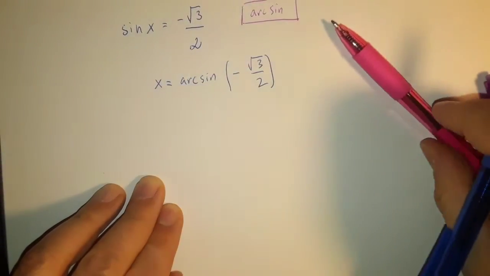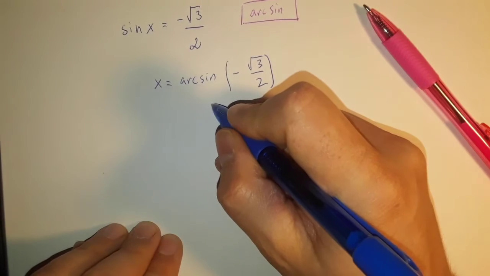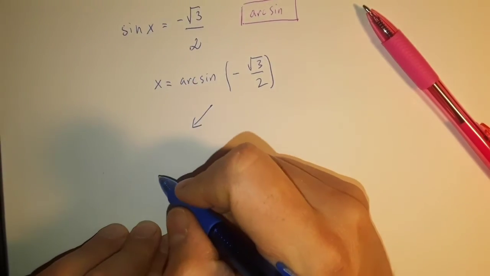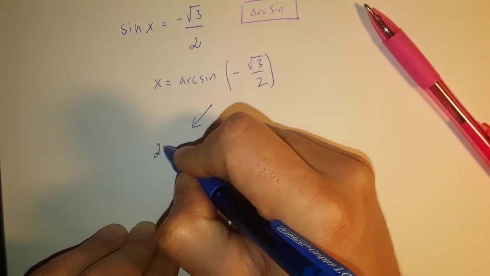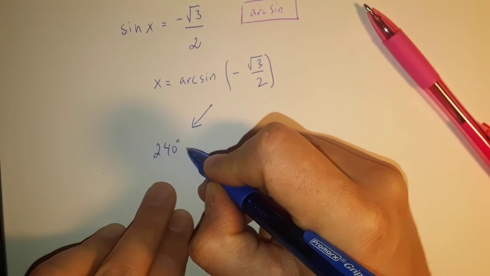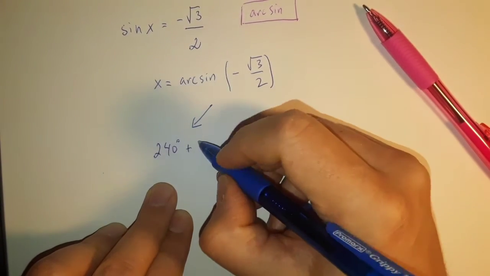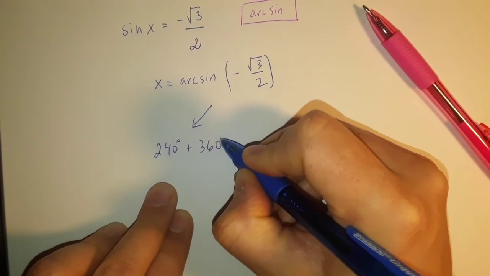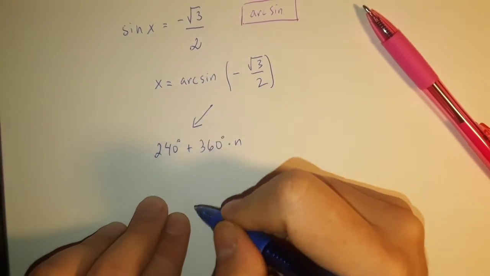And then I get two solutions. One of them would be, as we said, 240 plus 360 times n because it repeats every 360.